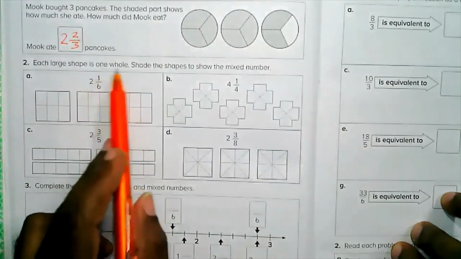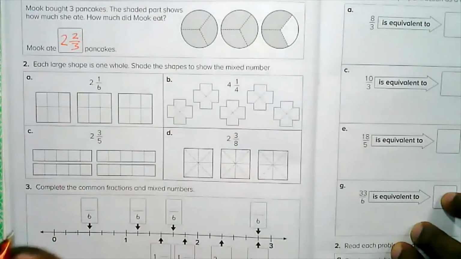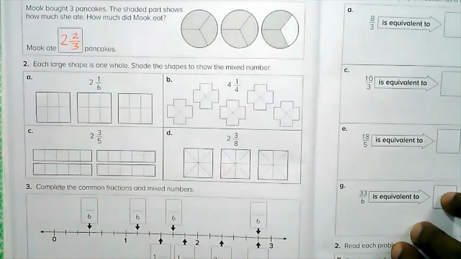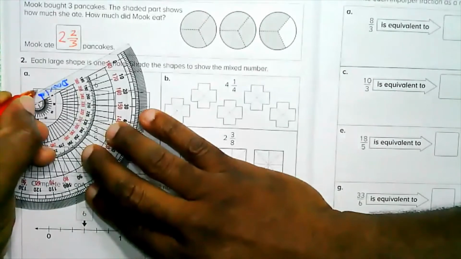Number 2. Each large shape is 1. Shade the shape to show the mixed number. Two whole number.